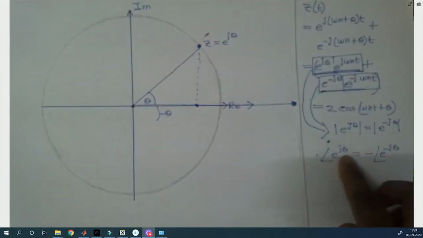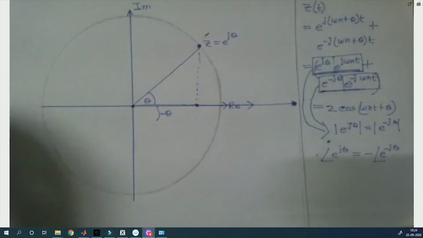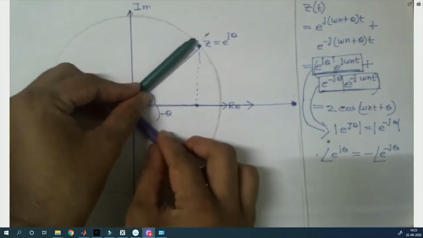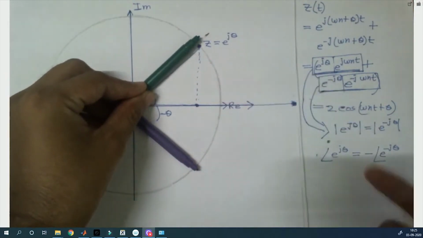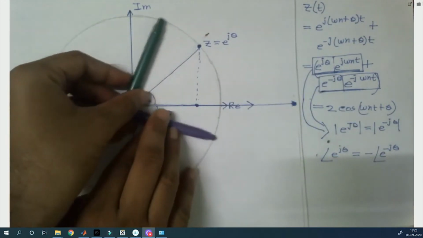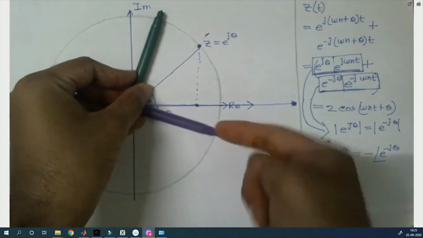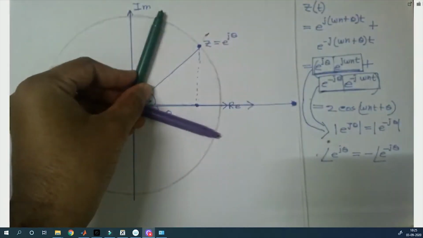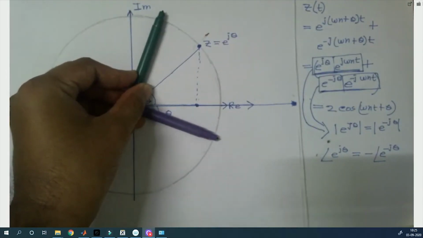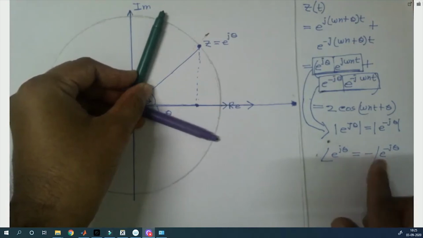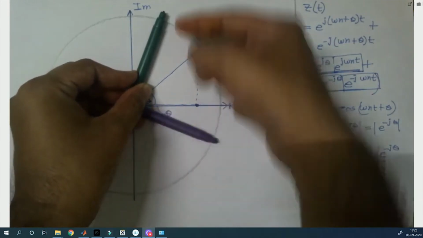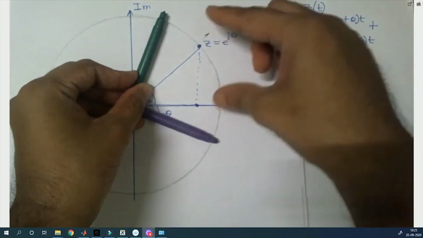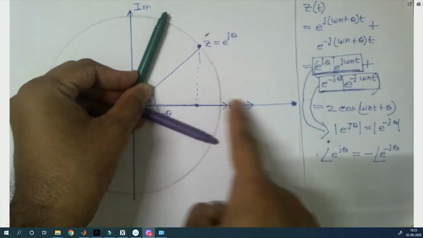Also, these two angles are equal and opposite, means they start from a symmetric position. If these two angles were not equal and opposite, then maybe they would have started from such an initial position. And if the angles are not equal and opposite, or the moduli are not equal, then when you sum these two vectors, their sum is not going to be purely real.